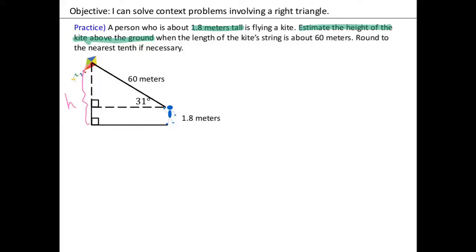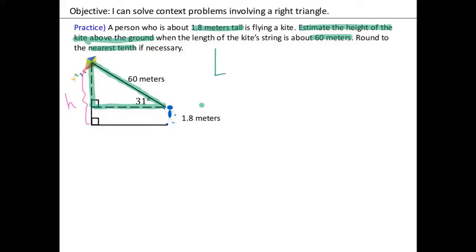That's the height of the kite above the ground, okay? And then it says when the length of the kite string is about 60 meters. So I can see my 60 meters right here. And we're supposed to round to the nearest tenth. So if you see the triangle is really right here.